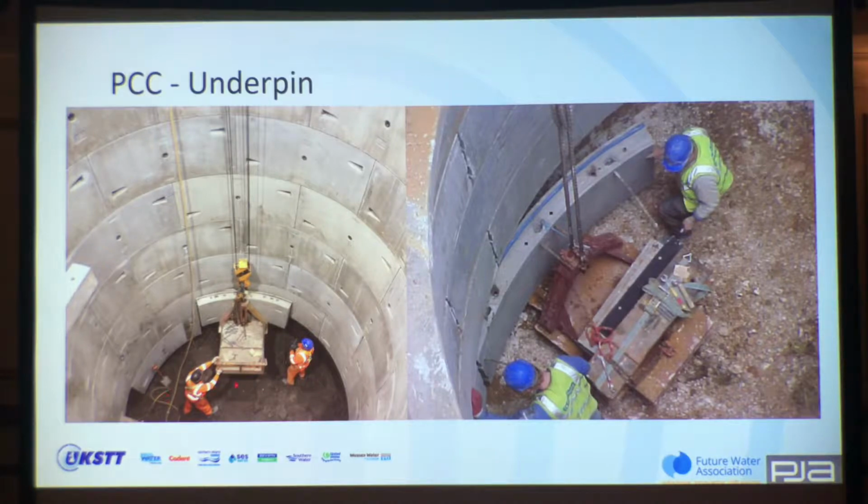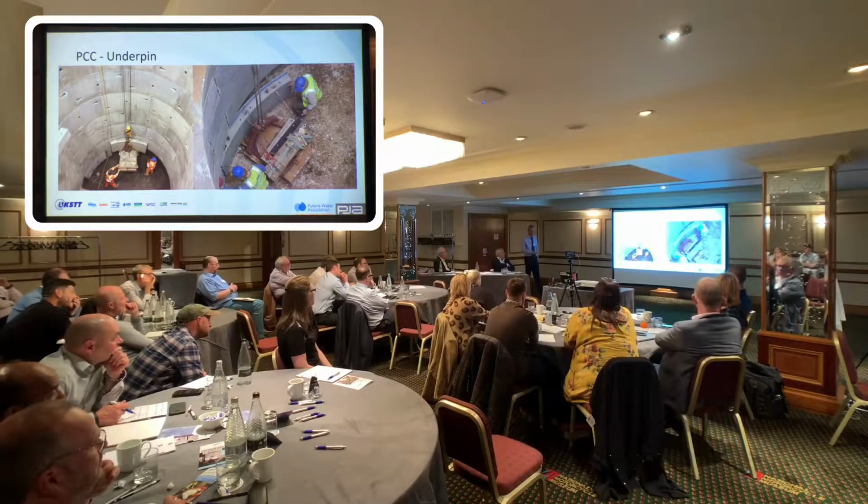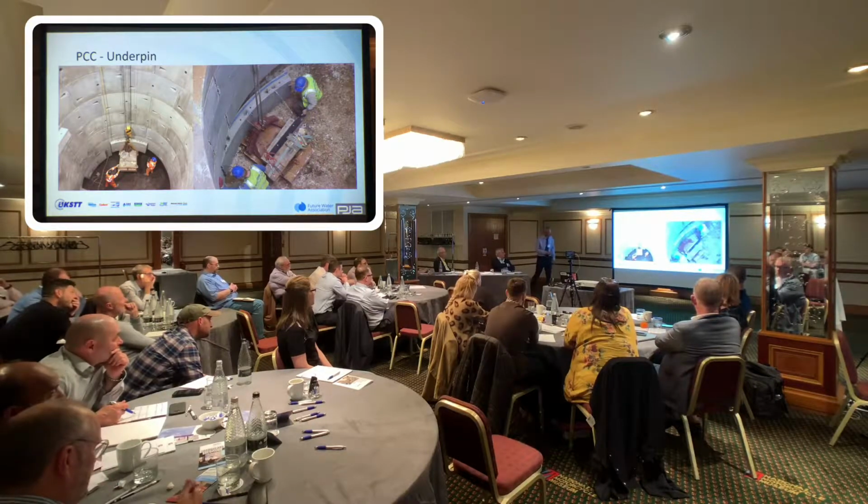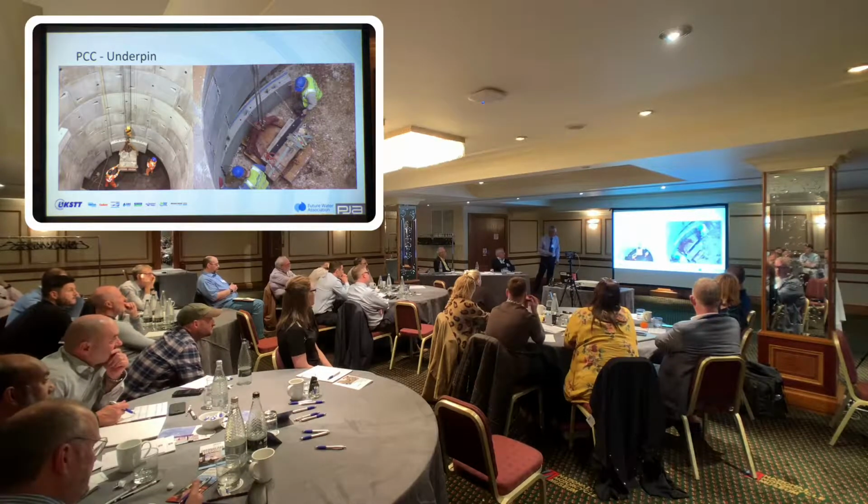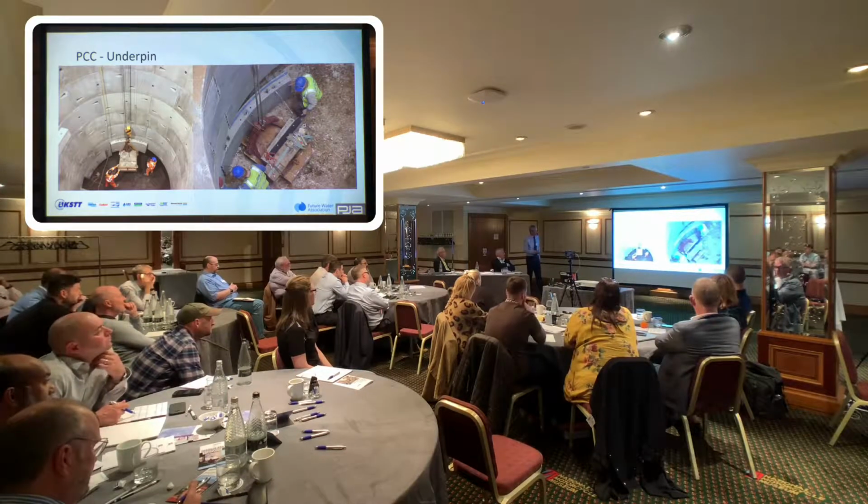In poorer ground than this, you might end up just excavating enough to build one segment at a time. In good ground, you can excavate the whole thing. And that's just a different view of the same operation, a little bit closer up. And again, that's only suitable for dry, cohesive soils, really.